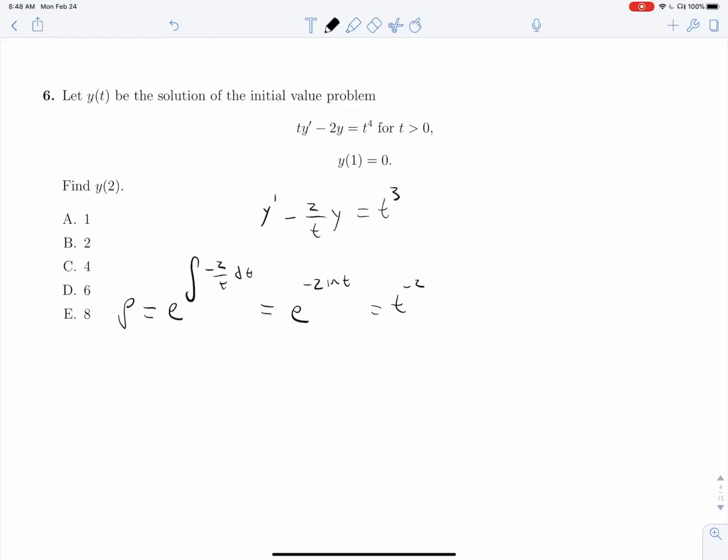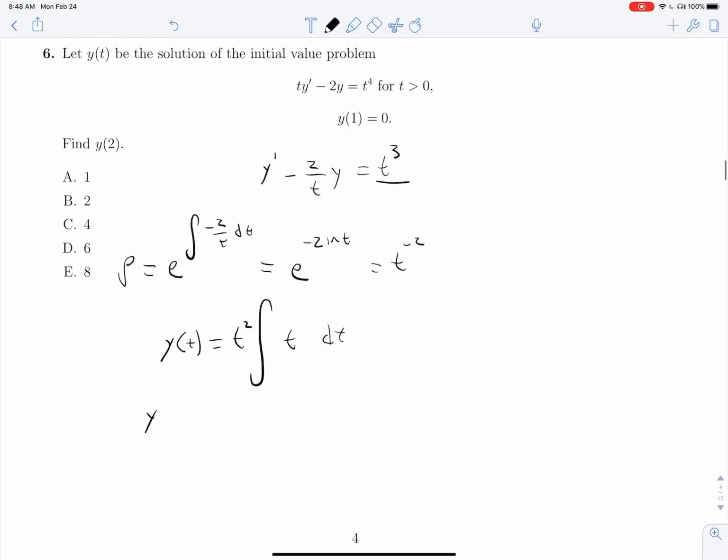So moving along, skipping a couple little steps, y of t is equal to 1 over rho, so t squared times the integral of q of t times rho of t, so t cubed times t to the negative 2 dt. This will simplify down to t dt.